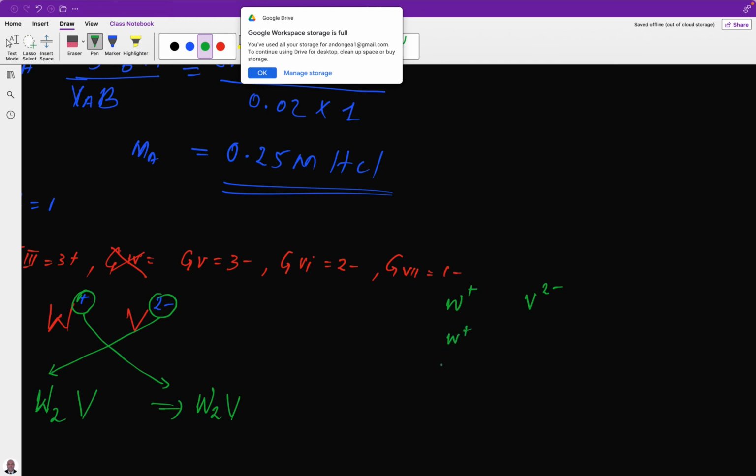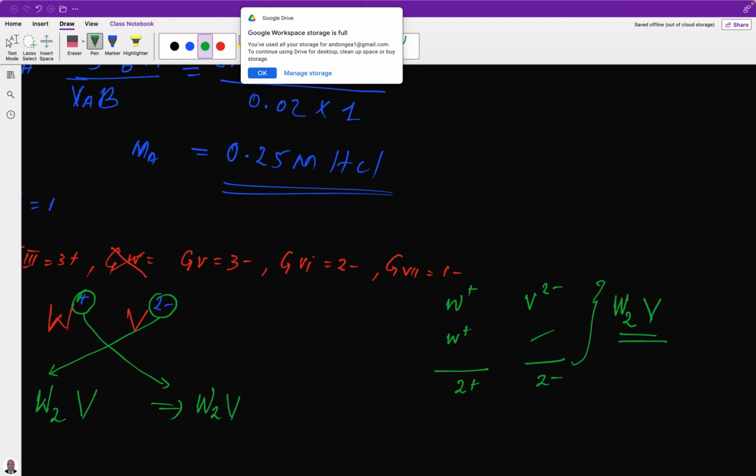If we add this, the total will be 2 plus. We don't add anything to V, so the total still remains 2 minus. Therefore, we can summarize: how many W are here? 2, W2. How many V are here? Only 1. So the formula is still W2V.